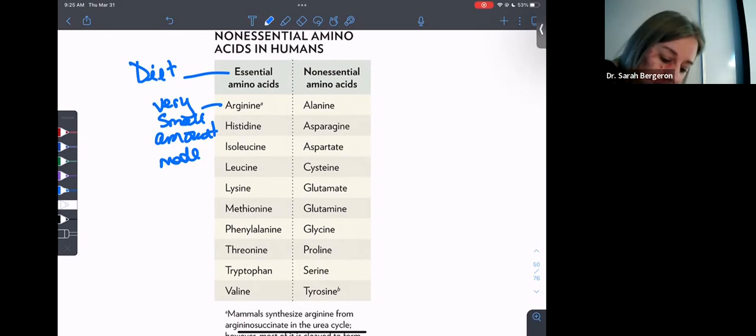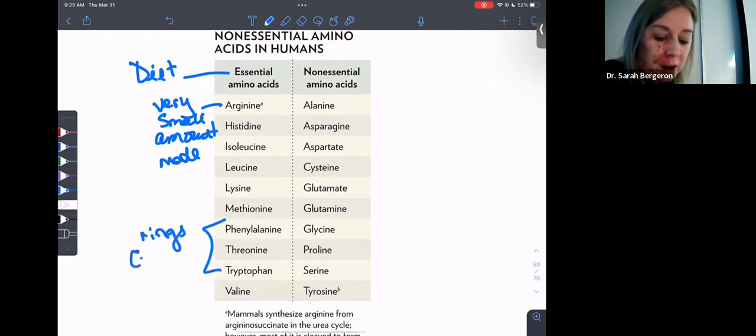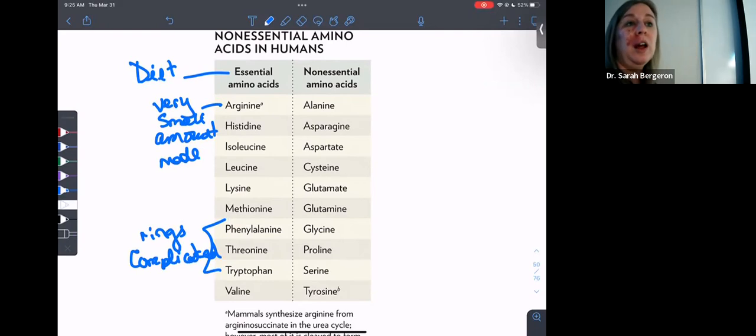Look at phenylalanine, threonine, tryptophan. What do all those have in common? They at least have rings, and so they're very complicated. So what you see is the more complicated the structure is, the more likely it is to be essential. But there's an exception to that general rule.